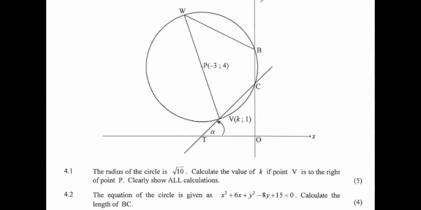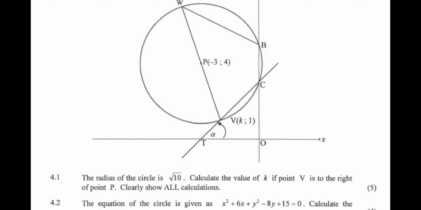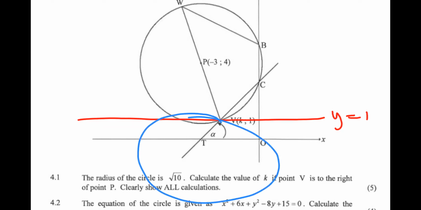Okay, so if this is the line where y is equal to 1, then the reflected circle should be something like, oh, that's more of an oval, but you get the point. It's reflected like that. What are the coordinates then for this? Let's say the center of this circle is Q. What will the coordinates for point Q now be?